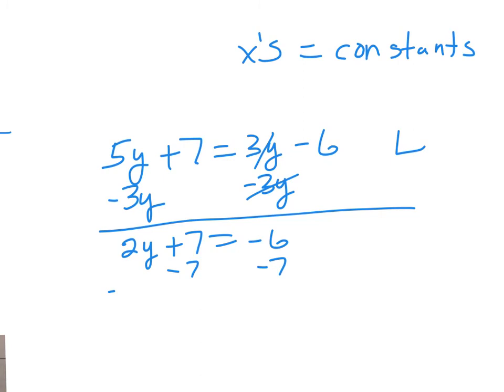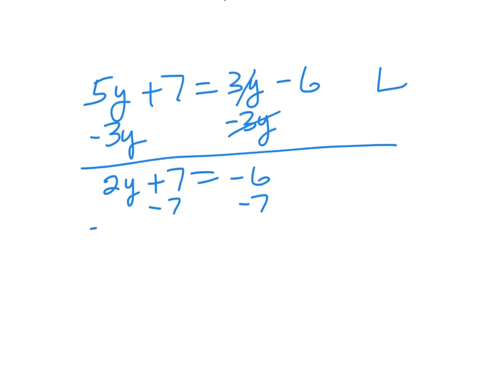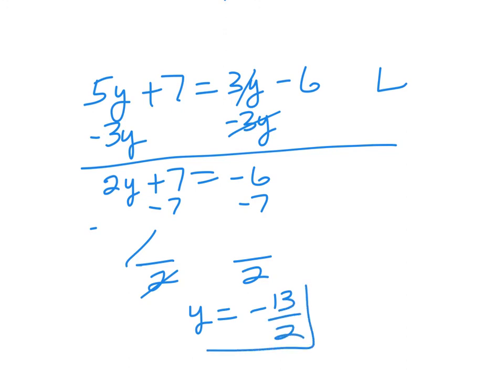So 2y is equal to negative 13. And dividing by 2 gives me y equal to negative 13 halves.